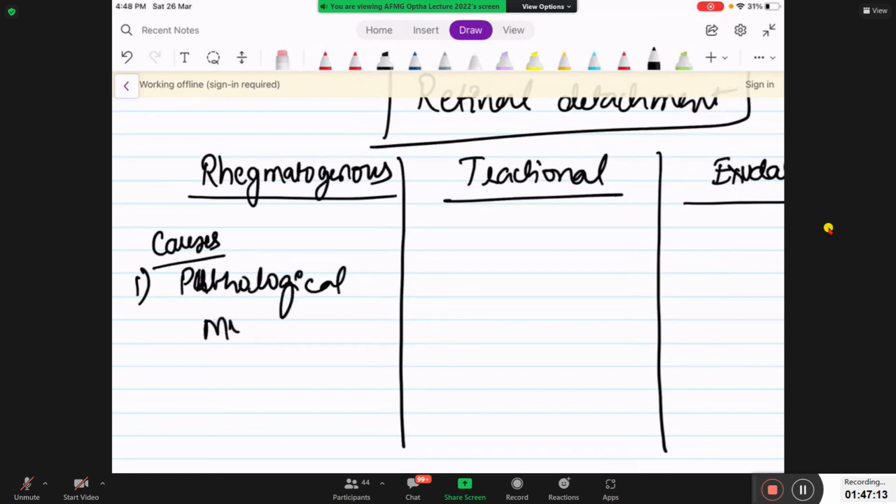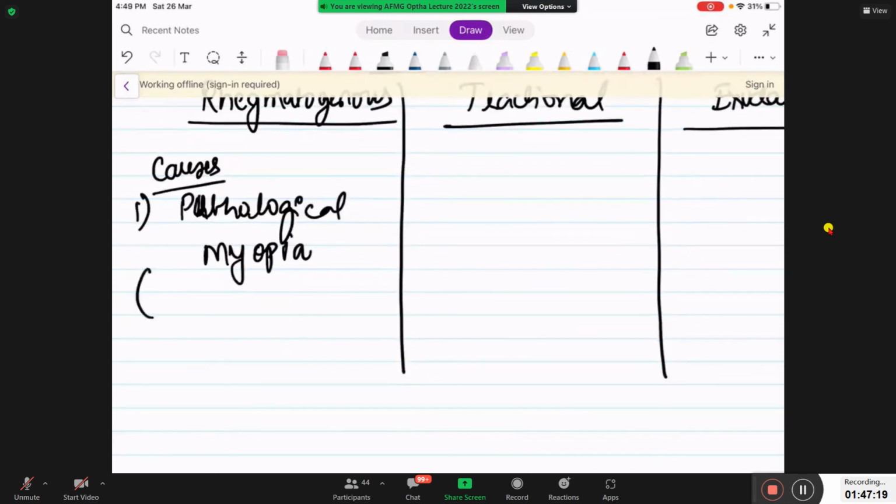Pathological myopia. What is pathological myopia? Write down. If the axial length of the patient is more than 26 millimeter and power of the patient is more than -6 diopters, then it is called as pathological myopia.